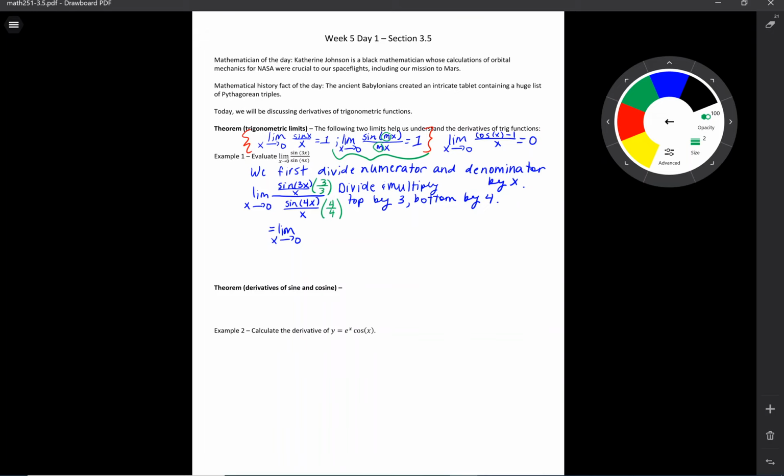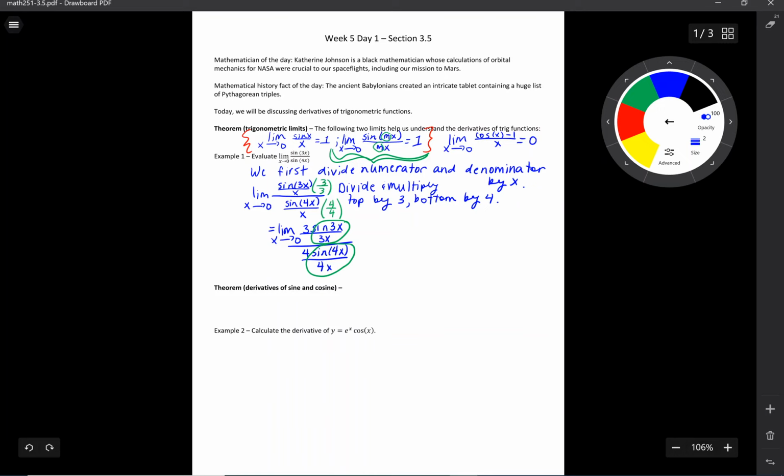So basically, I'm multiplying this whole fraction by just 1 over 1. So this is legal. So when I do that, I get 3 sine of 3x over 3x divided by 4 sine of 4x over 4x. Well, according to my rule up here, I see that this is equal to 1 and this is equal to 1.